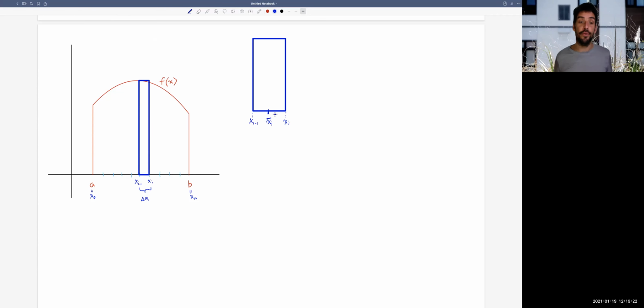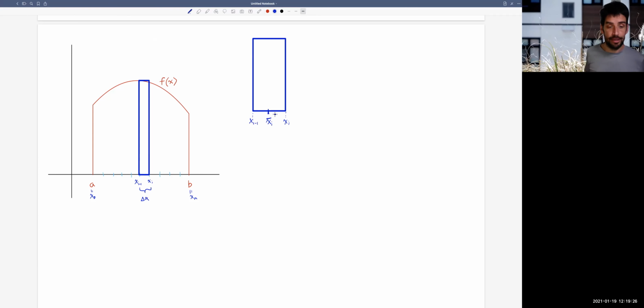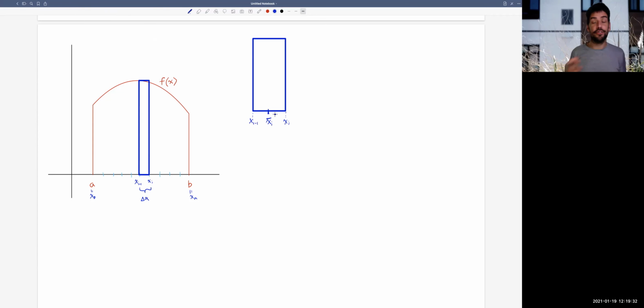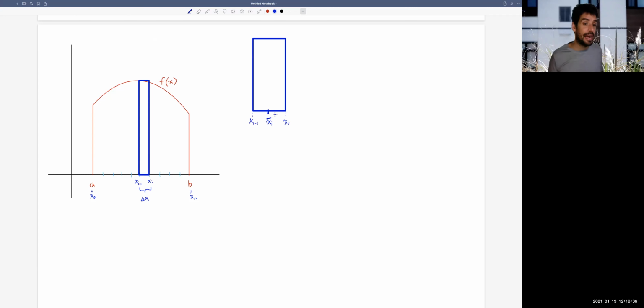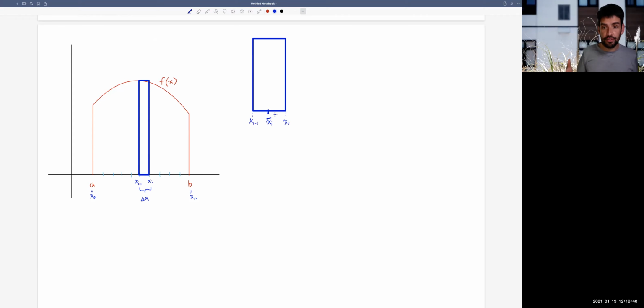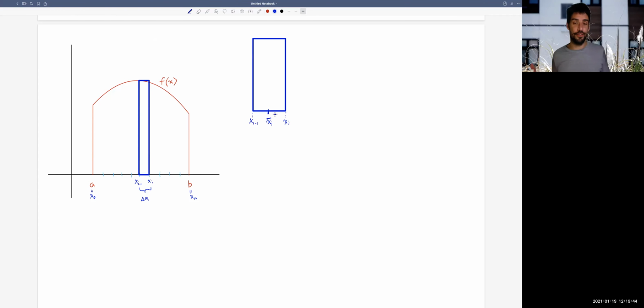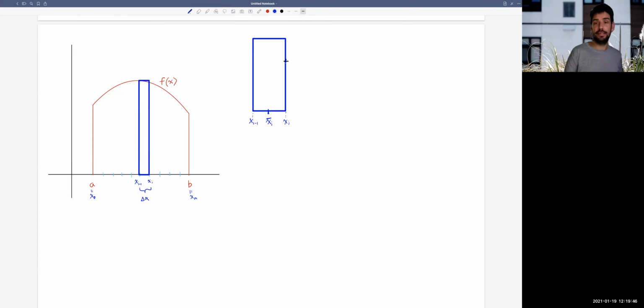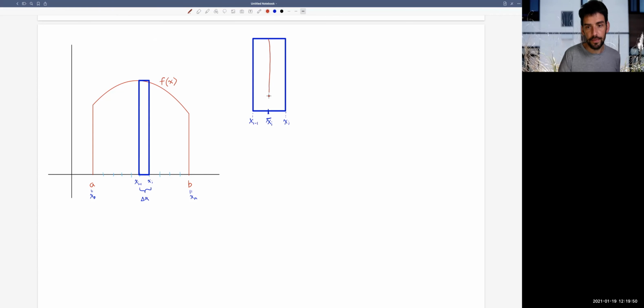Now, remember, we're imagining that this lamina created by a function is built of a bunch of individual masses. Each of these rectangles is going to be our individual mass. We need to find the center of mass of each of these to then determine the moments for this piece of the lamina. Well, where's the center of mass of this rectangle? We just talked about the symmetry principle a moment ago.